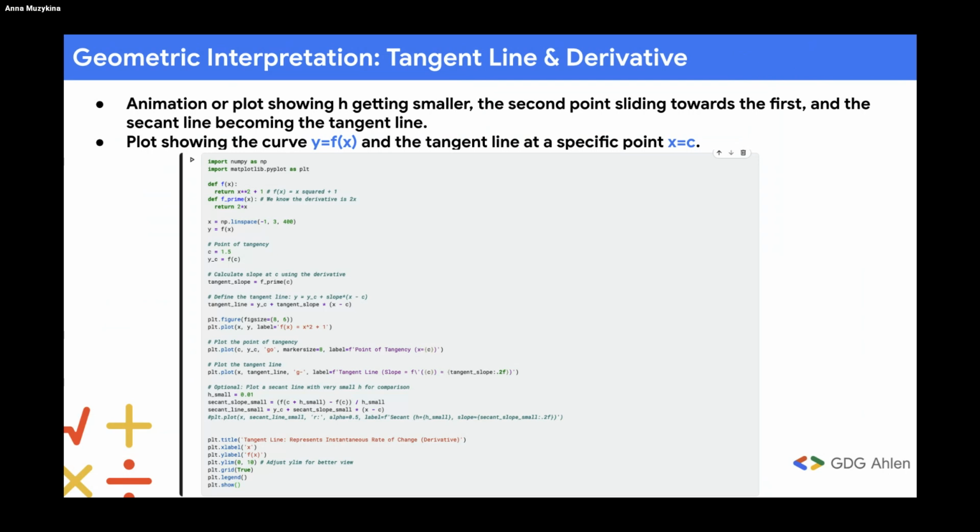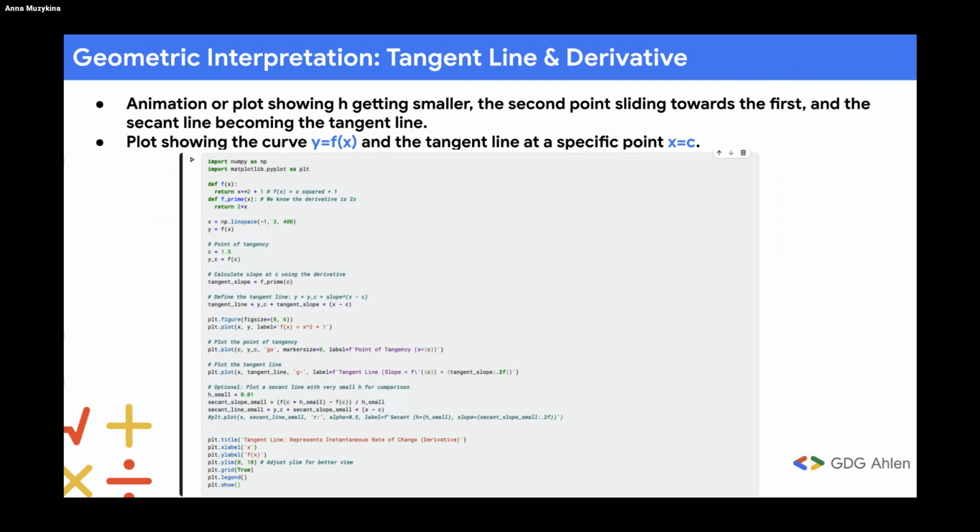This code plots our function f of x equals square root of x plus 1 again. We choose a point of tangency c equals 1.5. We know from differentiation rules, which we will see a little bit later, that the derivative f prime of x is 2 multiplied by x.